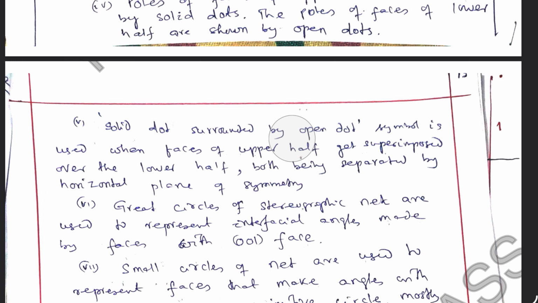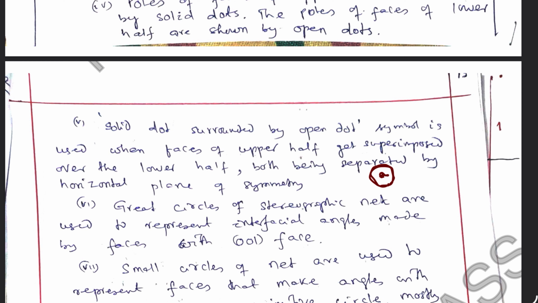A solid dot surrounded by an open dot is used where the face on the upper hemisphere is superimposed over the corresponding face on the lower hemisphere. This is for the face on the upper hemisphere, this is for the face on the lower hemisphere.